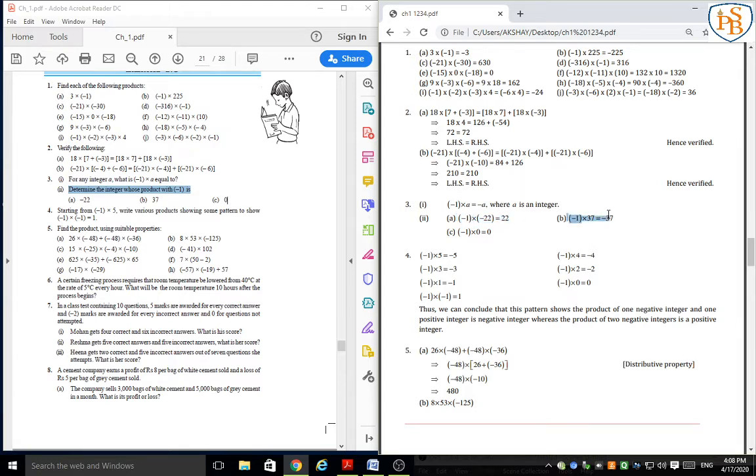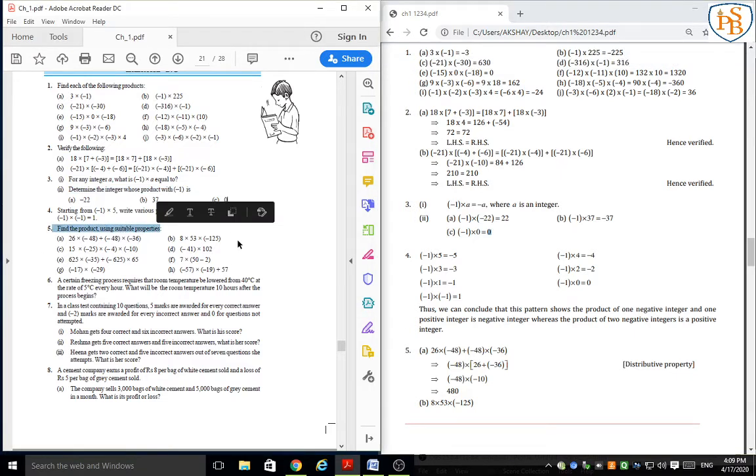B, negative 1 into 37, 37 ones are 37, negative and positive are opposite signs, so the answer will carry a negative sign, so it will be a negative integer. Negative 1 into 0: we have already studied that if we multiply 0 with any integer, the answer will always be 0, and 0 does not carry any sign.